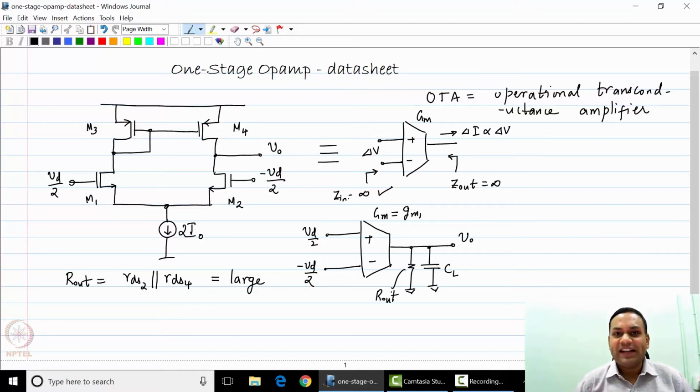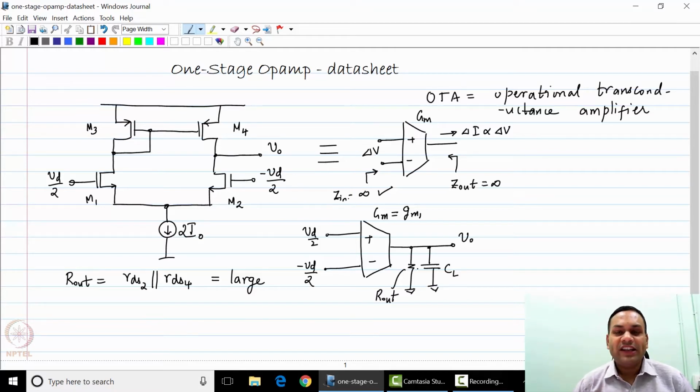So this is the representation of the one-stage op-amp with idealized components. You have a transconductor representing the Gm of the op-amp, an output resistance R out, and the load capacitance at the output node, which is CL.